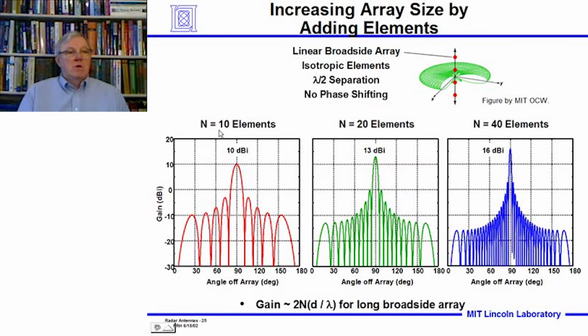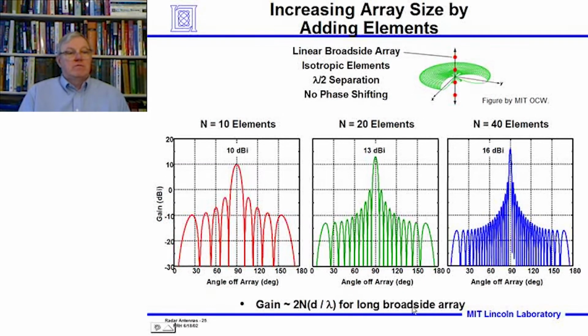We're going to look at what happens when we increase the number of elements in the array. As we double the number, we get double the gain. 13 dB is double 10 dB. And we double it again to 40 elements, we get 16 dB. And notice the side lobe level, way down in the lower side lobes, goes down.